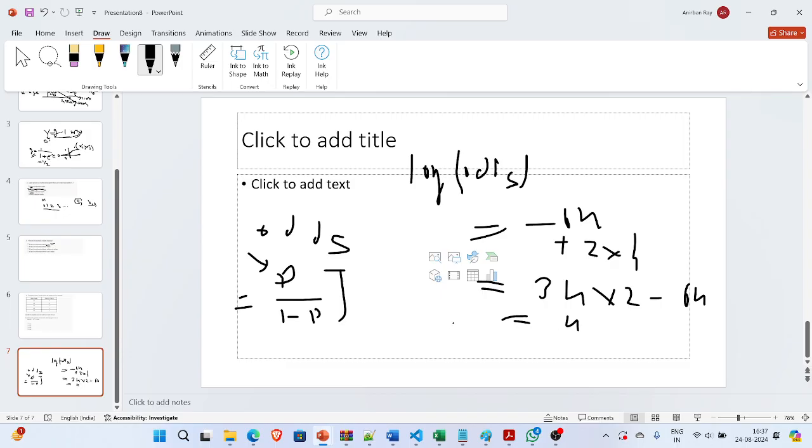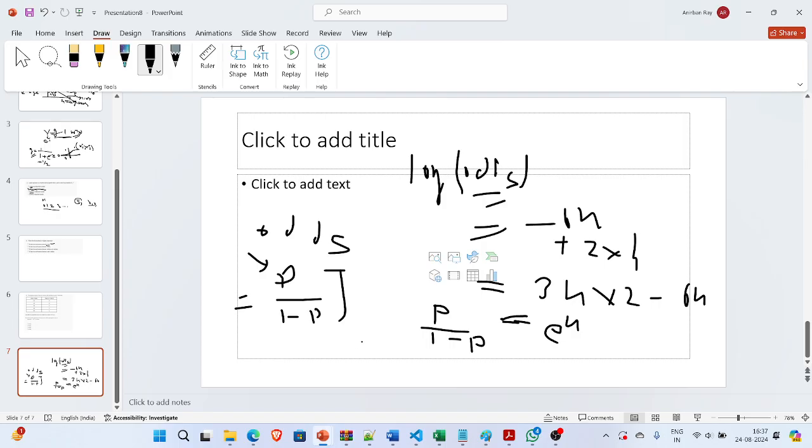So this is our p over e to the power 4. So e to the power 4 equals p over 1 minus p. To find the odds, you take the anti-log as well. So this is it.